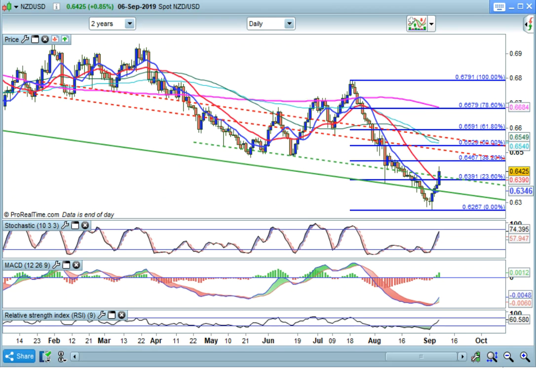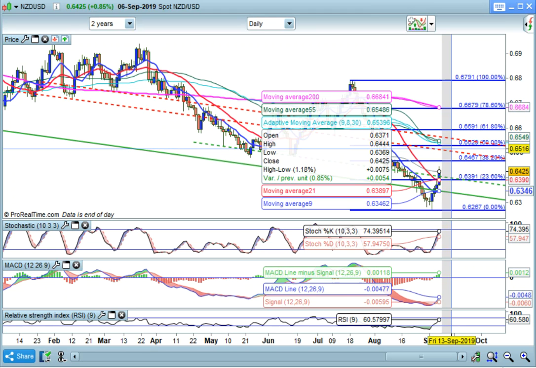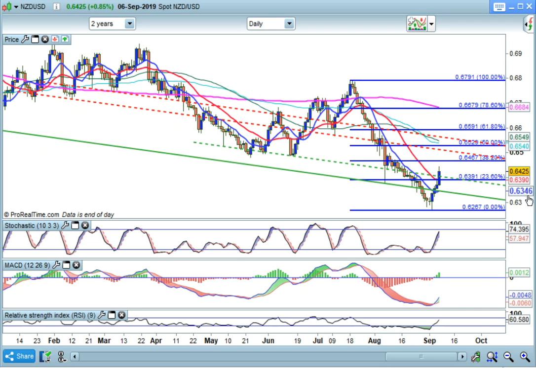Now, my trend line on the weekly charts is coming in this week at 65.20. Okay? That's my trend line on the weekly chart. Your 50% fib is 65.25. Please take notice of this. If somebody says to you, yeah, but Kiwi's gone up all last week.